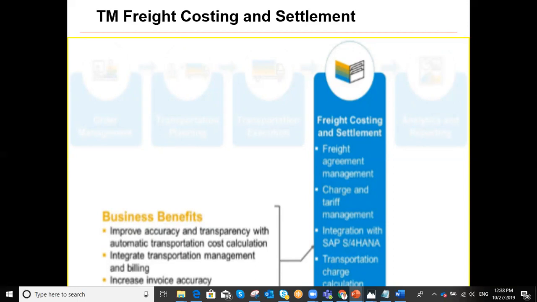Now next is charge and tariff management. Tariff is again related to the calculation of the costings and the charges for the cost sheet of the freight order. Freight order is specifically assigned to a cost sheet under the FICO module. So it is the integration point between SAP TM and FICO modules. FICO also has drastic change with the introduction of SAP S4HANA, like calculation of actual cost or calculation of material ledger for multiple currencies for the similar stock.